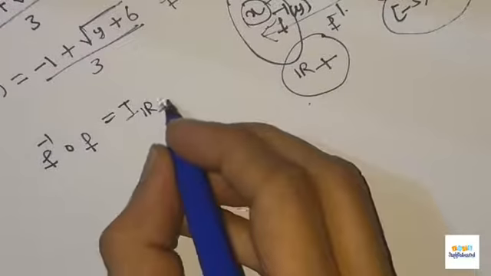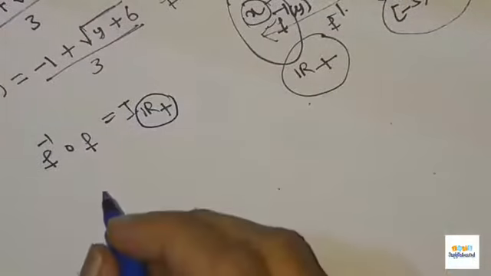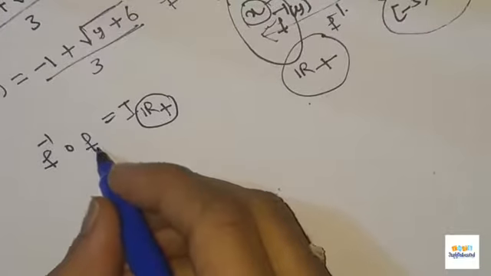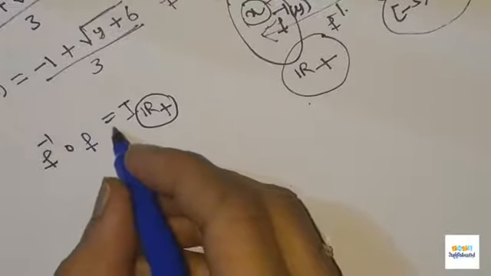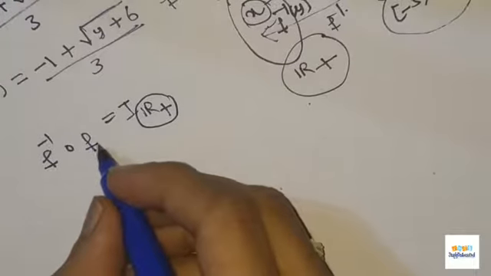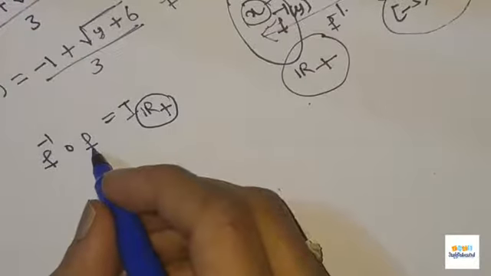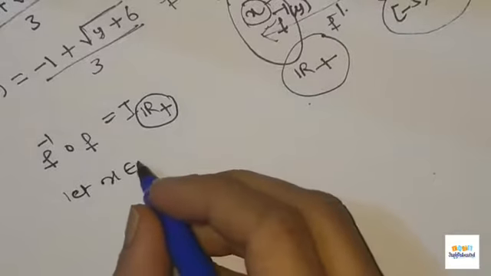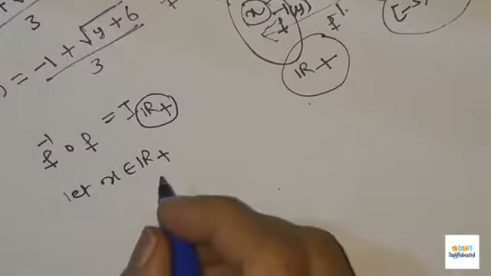Which value will you take? You will take a value in the domain, R plus, because we have to find f x first, right? F of some element in the domain of f. So let x belong to R plus, which is the domain of f.